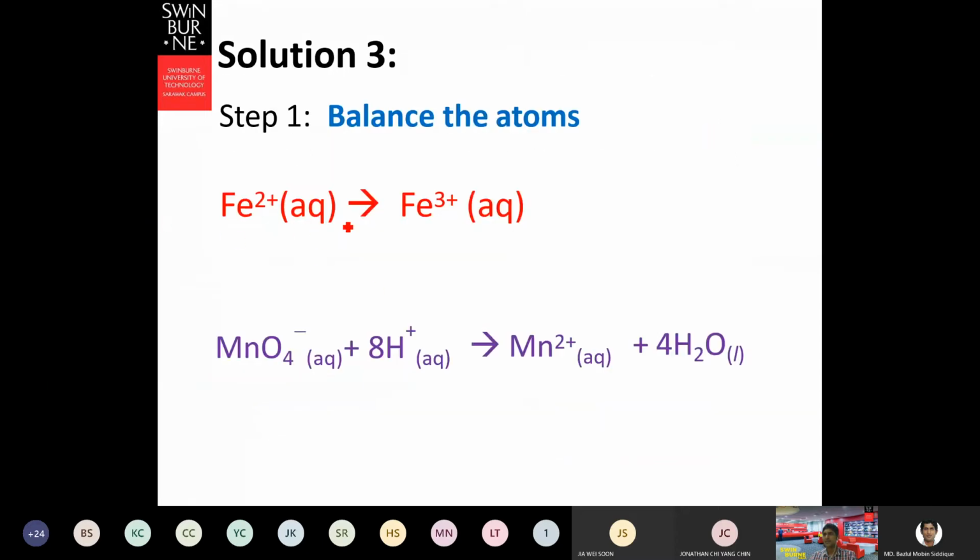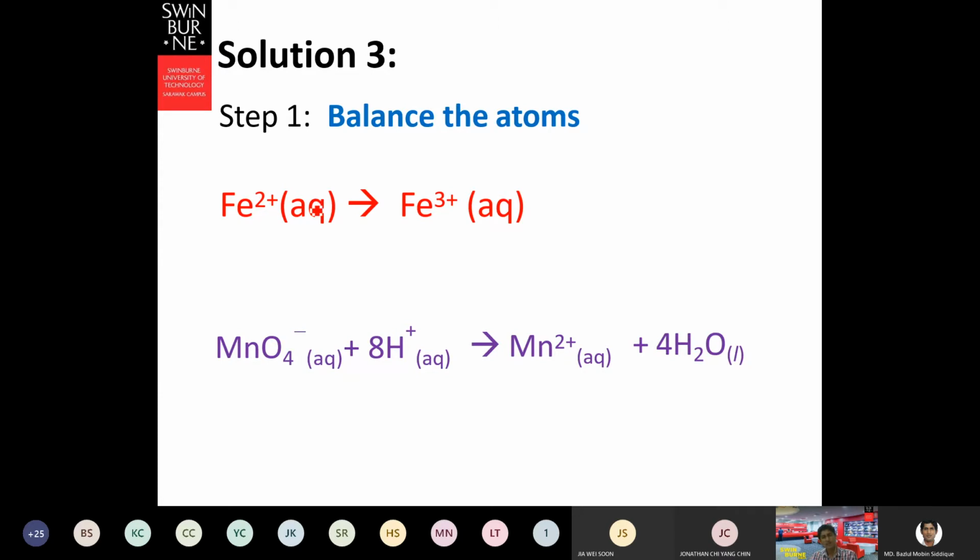We just need to understand the difference in charge. We have a positive 2 charge here, we have positive 3 charge here.